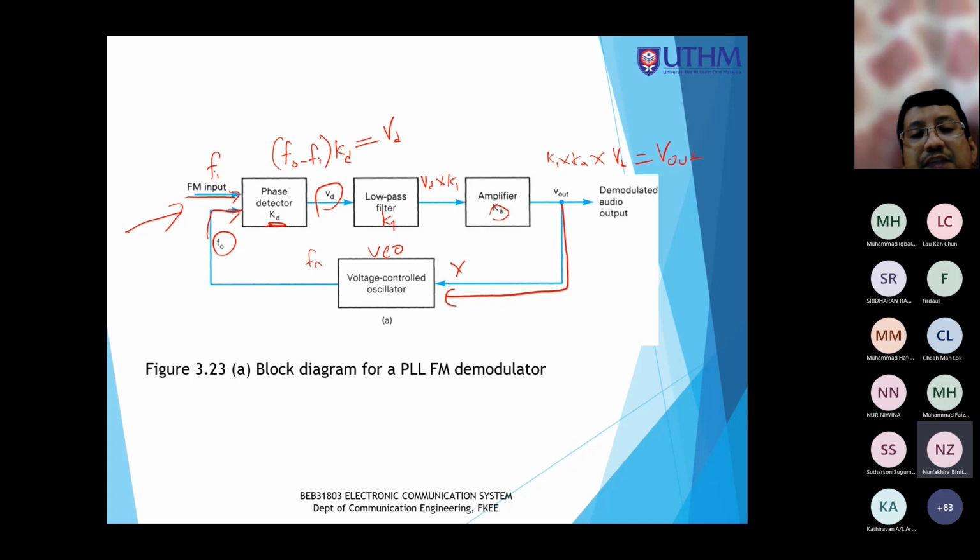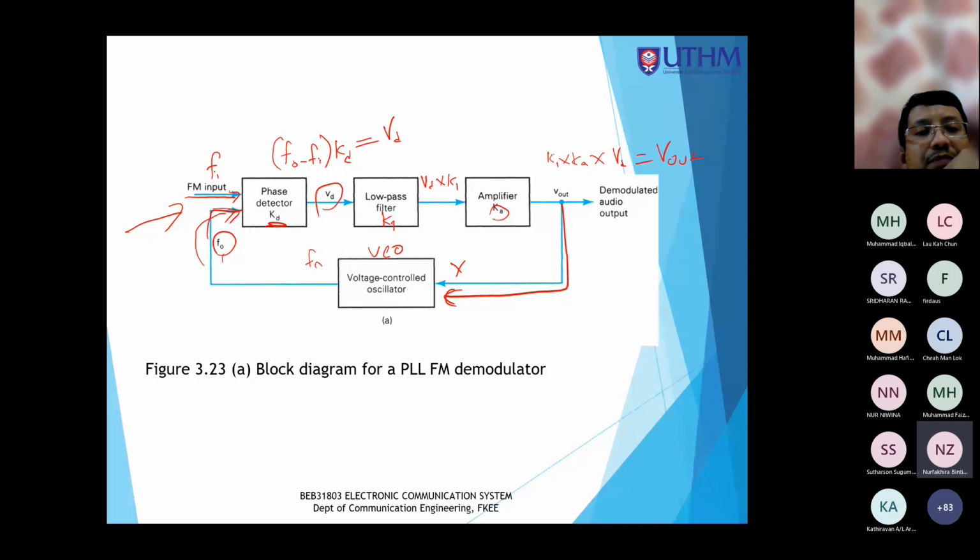Whenever there's an input to the VCO, it will compare the voltage from the previous one and produce the output, which is FO. And then we repeat the process again. So this is how the process happens within the PLL.